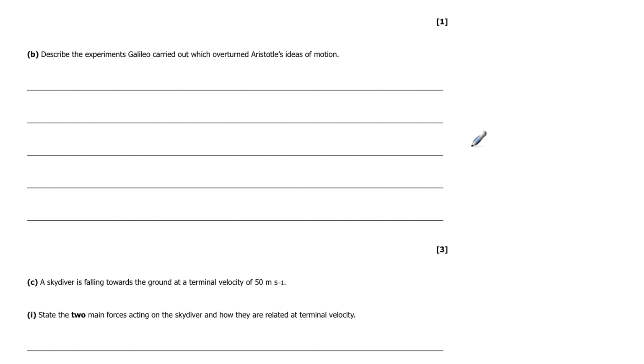Next up, we need to describe an experiment Galileo carried out which overturned Aristotle's ideas of motion. Now there's 3 marks available for this, and the first mark we get for describing an experiment. So we could have said something along the lines of Galileo took some objects of different masses but the same size and shape, and dropped them from the Leaning Tower of Pisa, for example, and that's a description of an experiment they did.